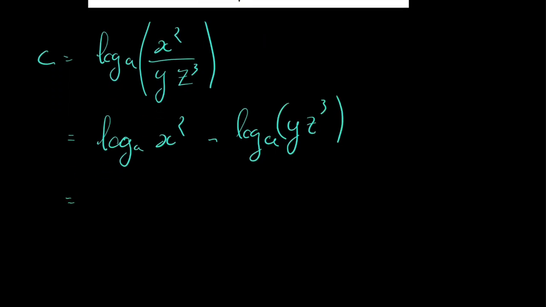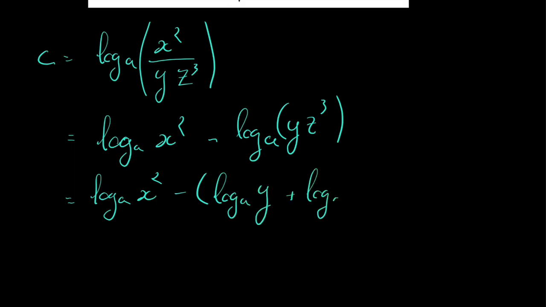We will then use the first rule to say that this is equal to log in base a of x squared minus log in base a of y plus log in base a of z to the third.